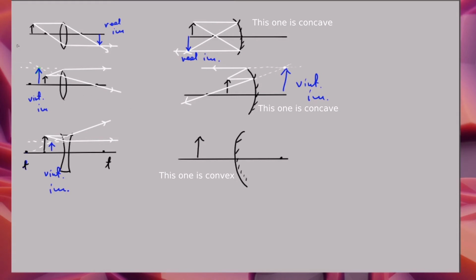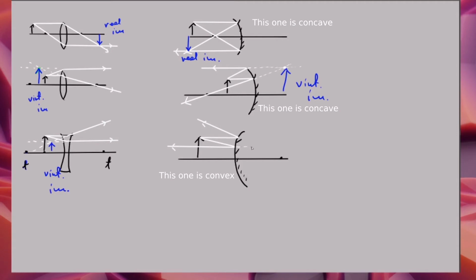And then the last one is, so here's one ray of light, goes here, reflects back as if it was coming from the focal point. And then here's another one, goes like this, going towards the focal point, doesn't make it there, reflects back. And then we run the extensions of these.